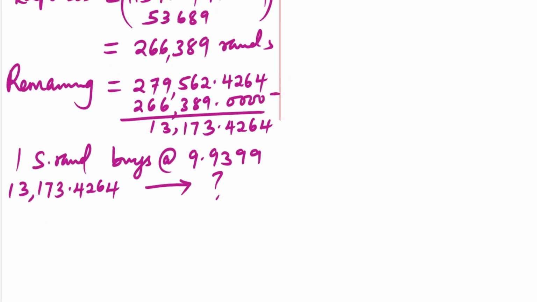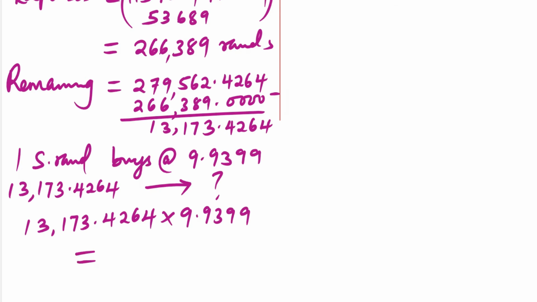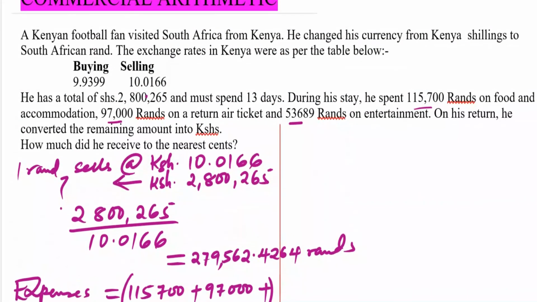So to get the Kenyan shilling, multiply 13,173.4264 times 9.9399. This will give the answer in Kenyan shilling. We have emphasized that to convert the South African rand to Kenyan shilling, we are going to use the amount for buying. The bank will buy.